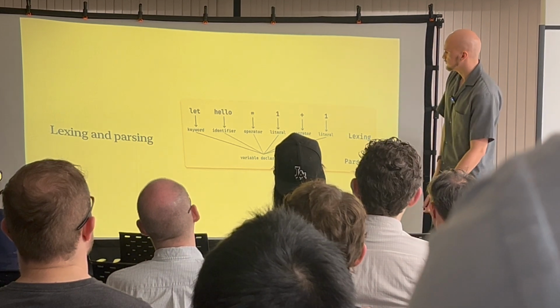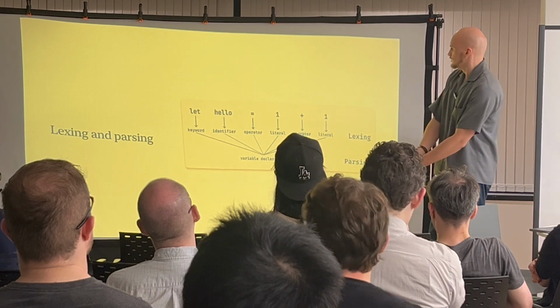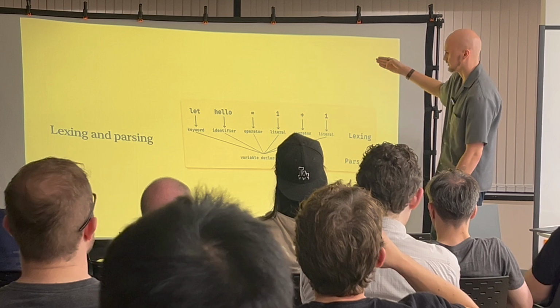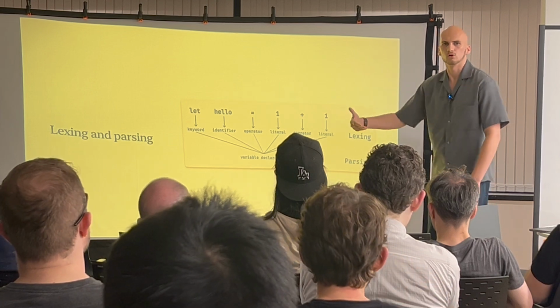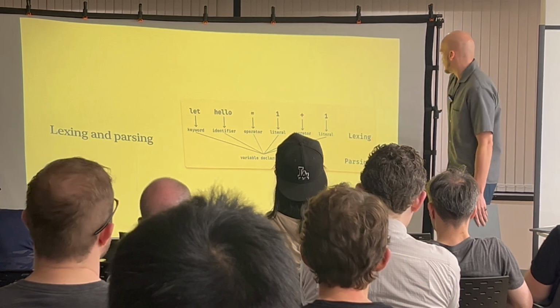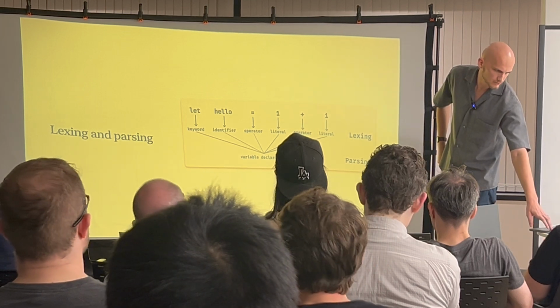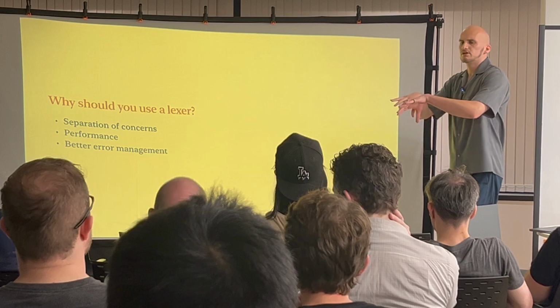In our case, if you're developing a programming language, you can say, oh, if I see the pattern keyword, identifier, operator, literal, then that's a variable declaration. It's quite a cool way to build a parser, mainly because you have a separation of concerns.